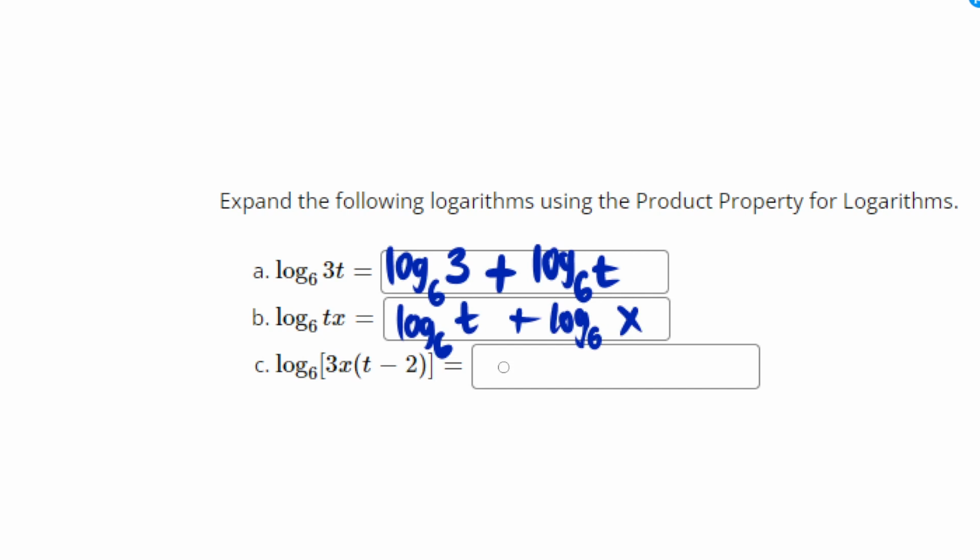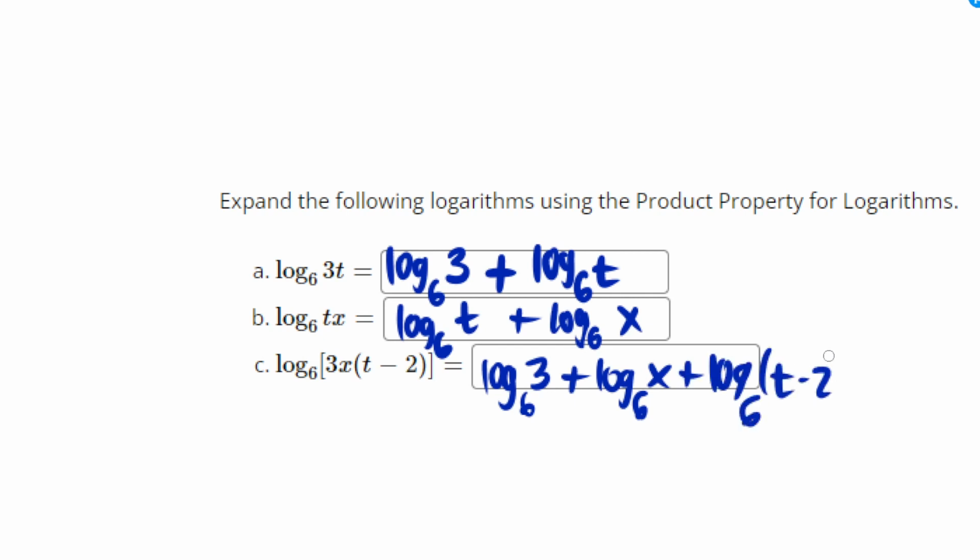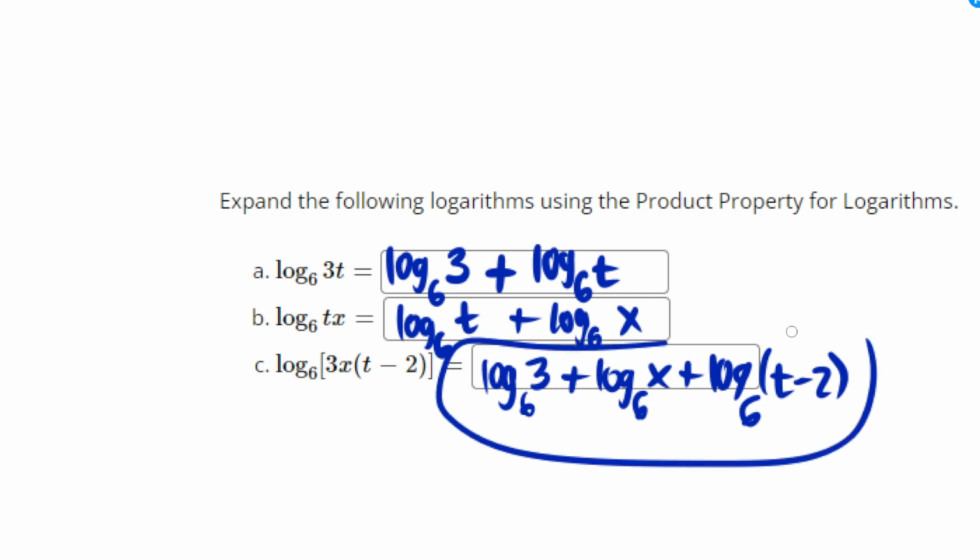This one is very similar. We'll do log base 6 of 3 plus log base 6 of x plus log base 6 of the parentheses t minus 2. That would be your answer.